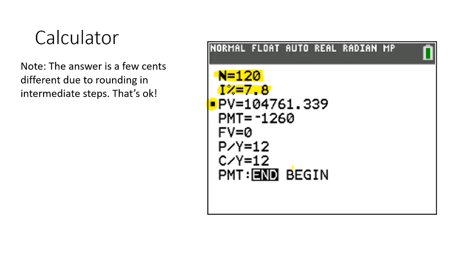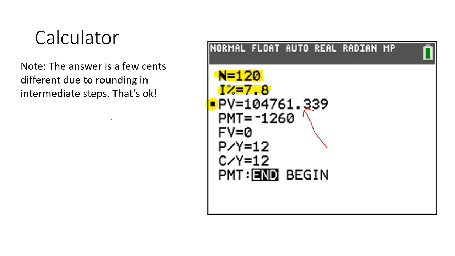So I enter in these values, and then on the calculator, using the cursor keys, I'm going to go up to PV, and I'm going to hit the alpha key, and then enter. And that is going to give me my answer, $104,761.34.